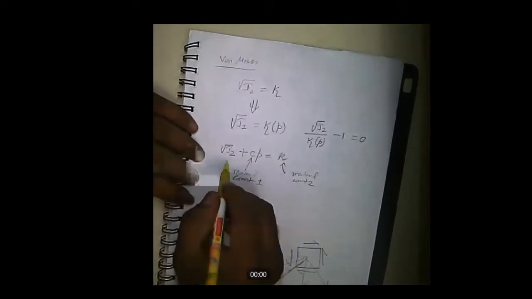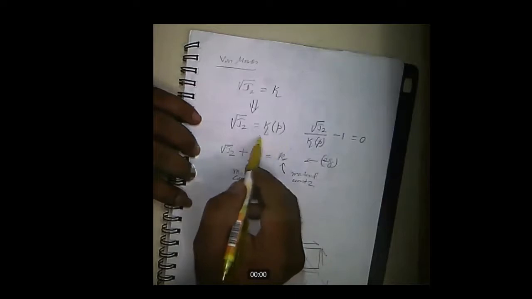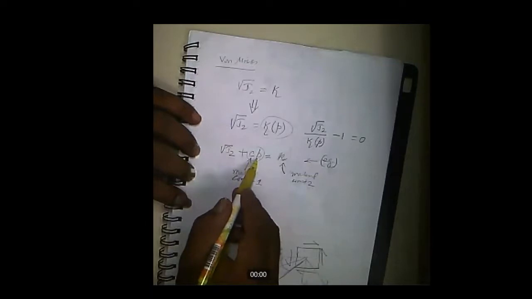Are you able to see this? How did we write that? This is an example. We started with root of J2 is equal to a function of pressure, and if I take this pressure to be simply a linear function, I'll get root of J2 plus some linear variation of P is equal to K.